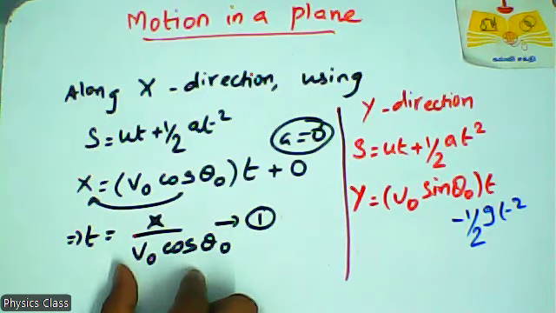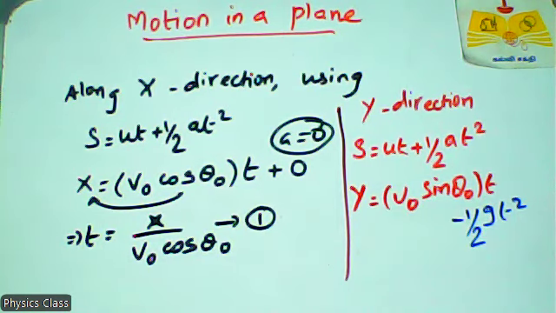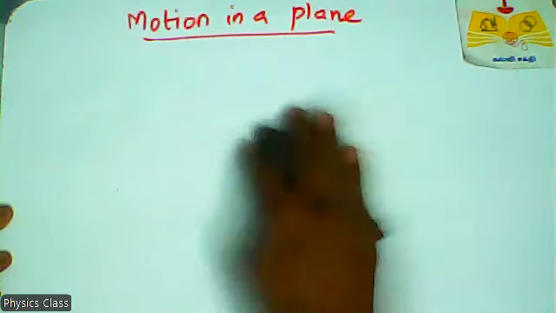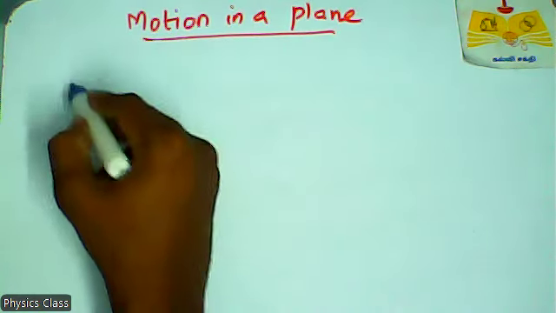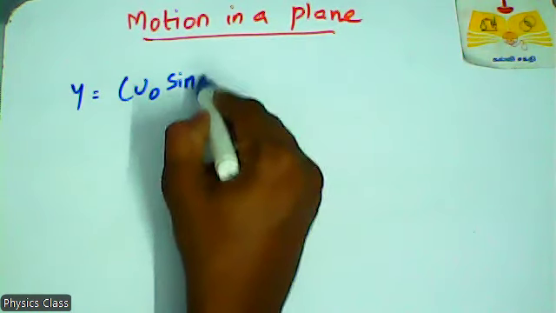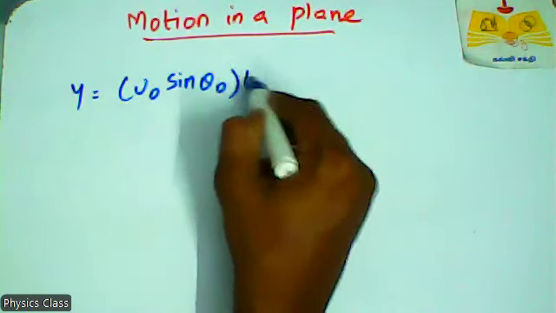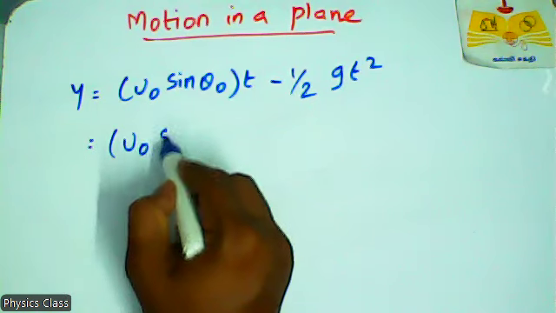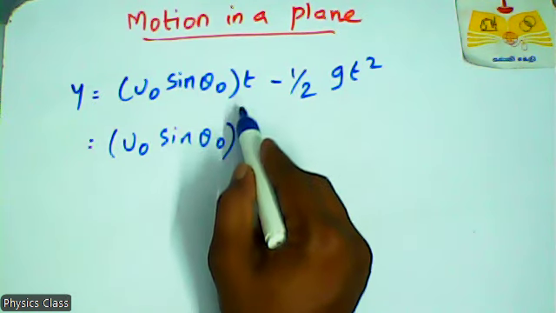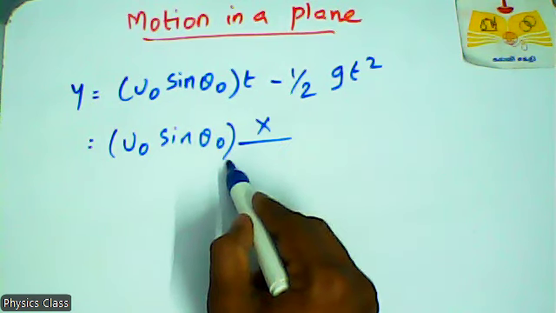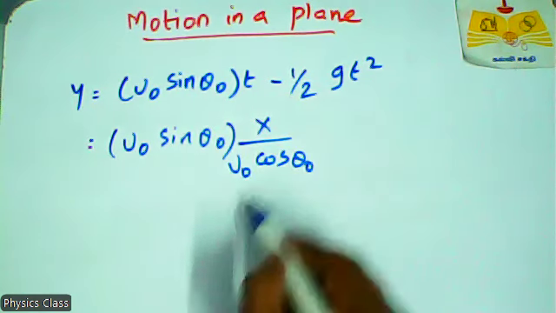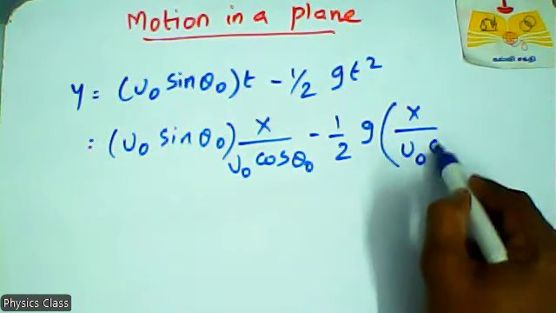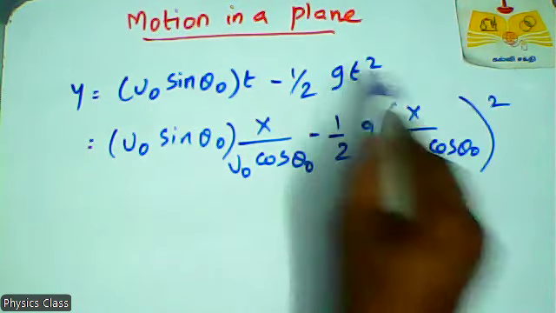I put that equation in here, so the equation becomes y = v₀ sin θ₀ t − ½gt². Here t is x / (v₀ cos θ₀), so t² becomes (x / (v₀ cos θ₀))². Clear?